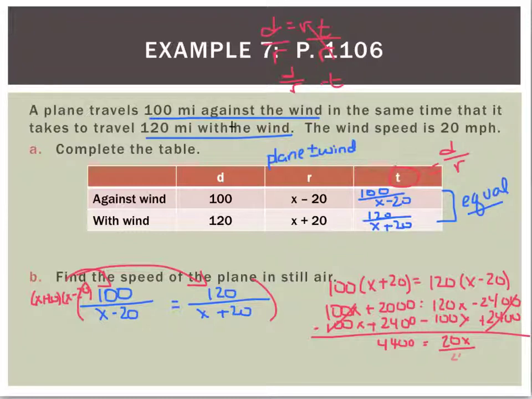So then dividing by 20 gives me x equals 220. So the plane itself is traveling 220 miles per hour.